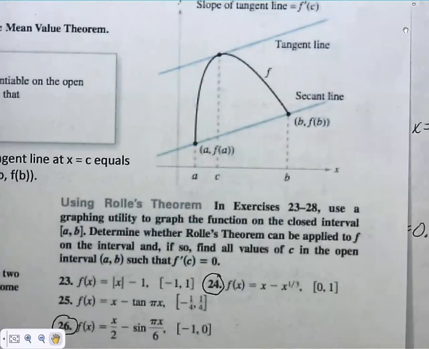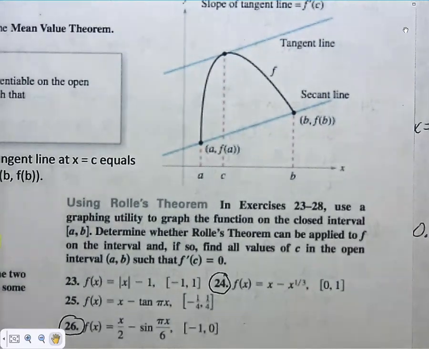Here are the instructions. Use a graphing utility to graph the function on the closed interval from a to b. Determine whether Rolle's theorem can be applied to the function on that interval, and if so, find the value of c in the open interval from a to b such that f prime of c is 0. So let's graph it.